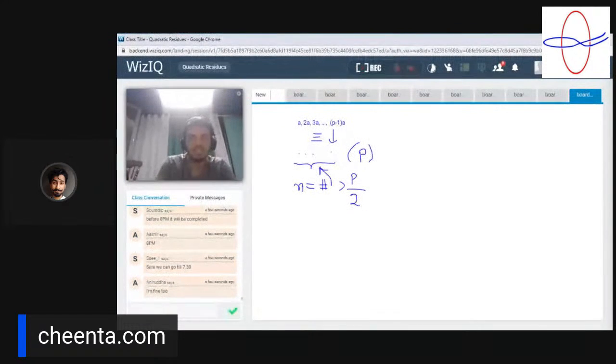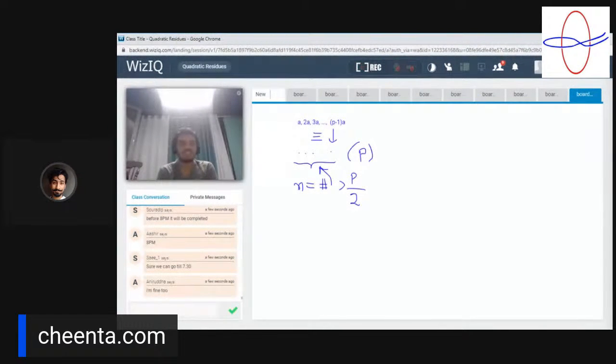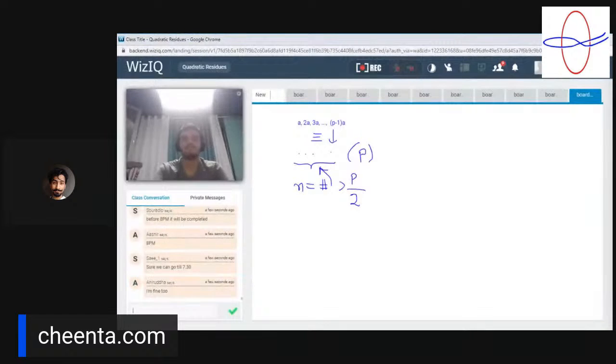Please note that we have to reduce these to the small positive numbers, so we cannot just reduce these to p plus 1, p plus 2 and then say that everything is greater than p by 2.